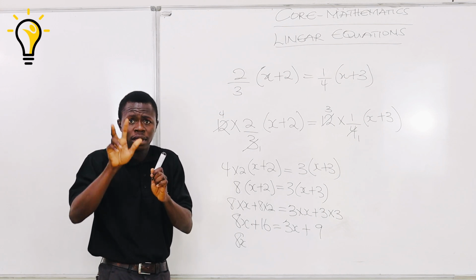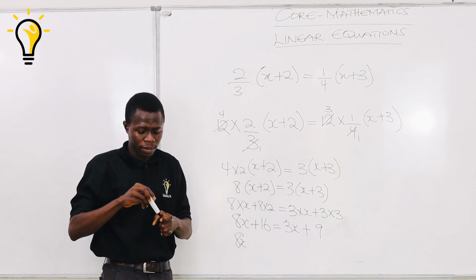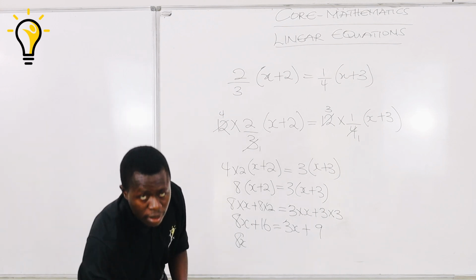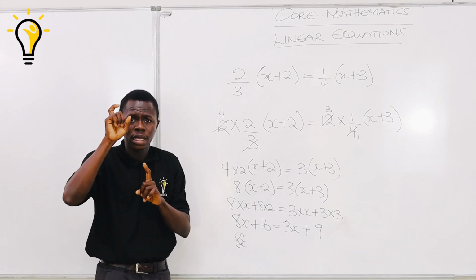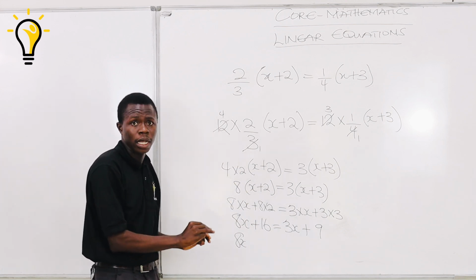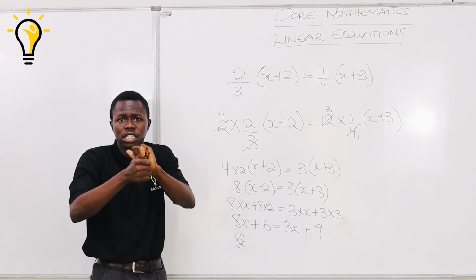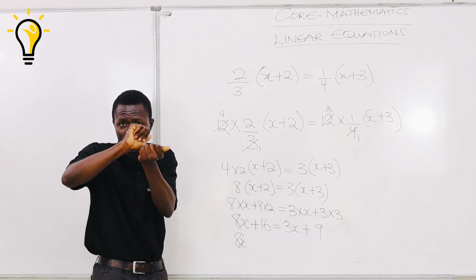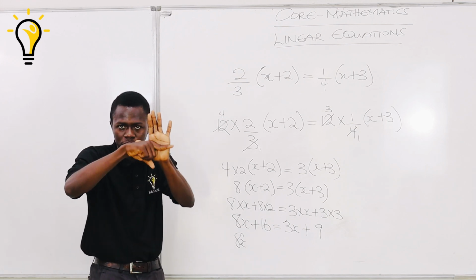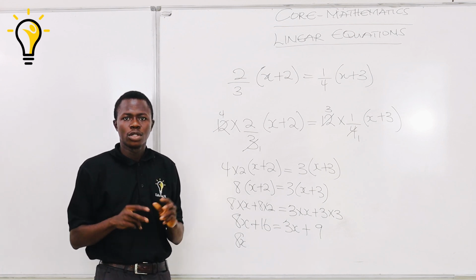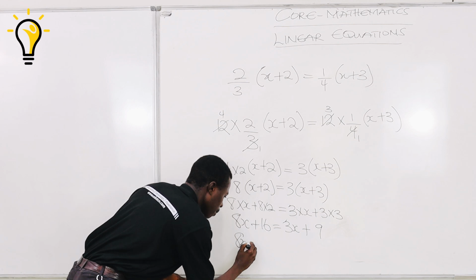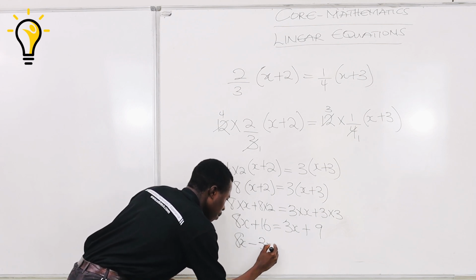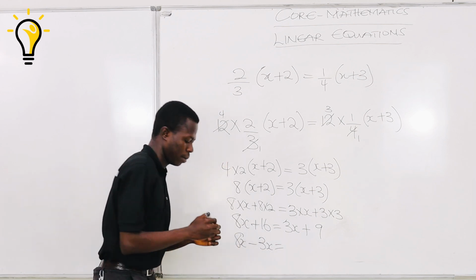And remember, positive 3x moves to the left hand side, and then the sign will change from positive to negative. So minus 3x is what we are going to have now.